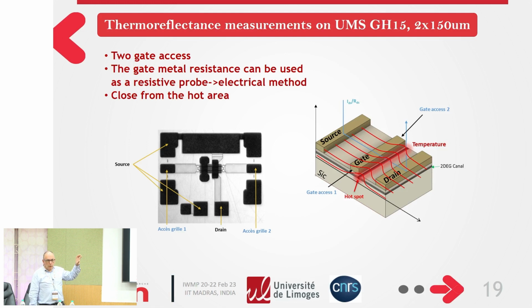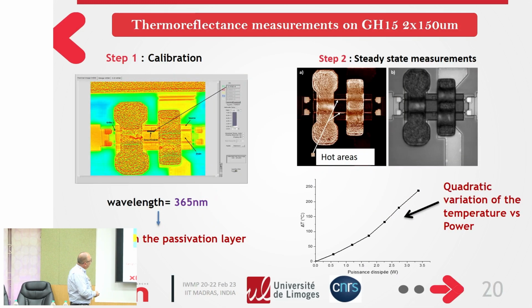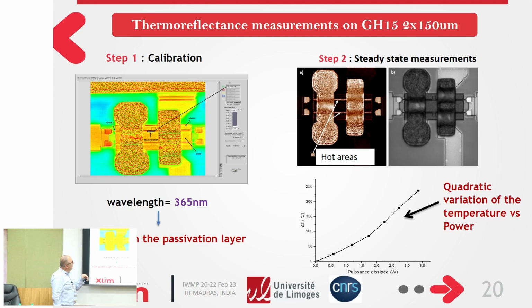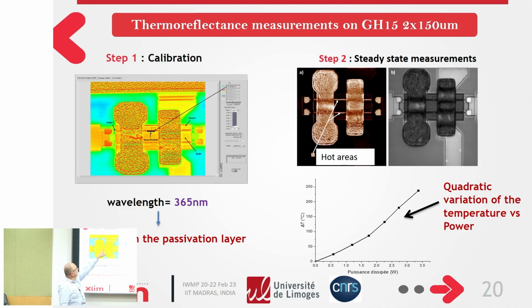And what we will do with this device is to try to compare thermoreflectance measurement with electrical gate-to-gate measurement, in fact. So, first of all, thermoreflectance measurement. We perform the calibration step for the area of interest, which is here, near the gate.